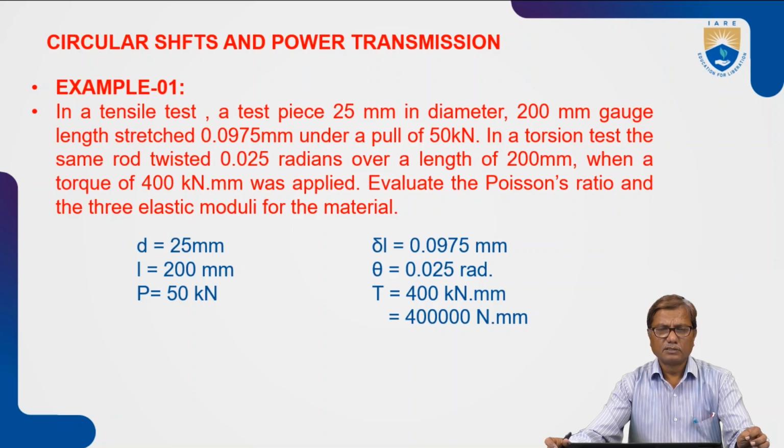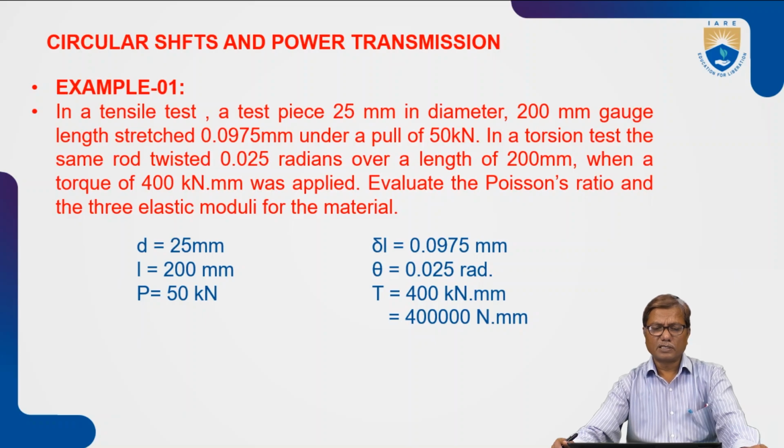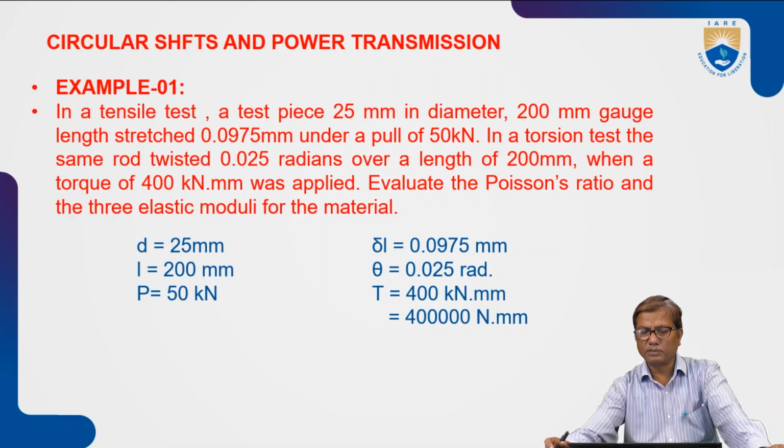Okay, the first example reads like this: in a tensile test, a test piece of 25 mm diameter and 200 mm gauge length is stretched 0.0975 millimeters under a pull of 50 kilonewtons.